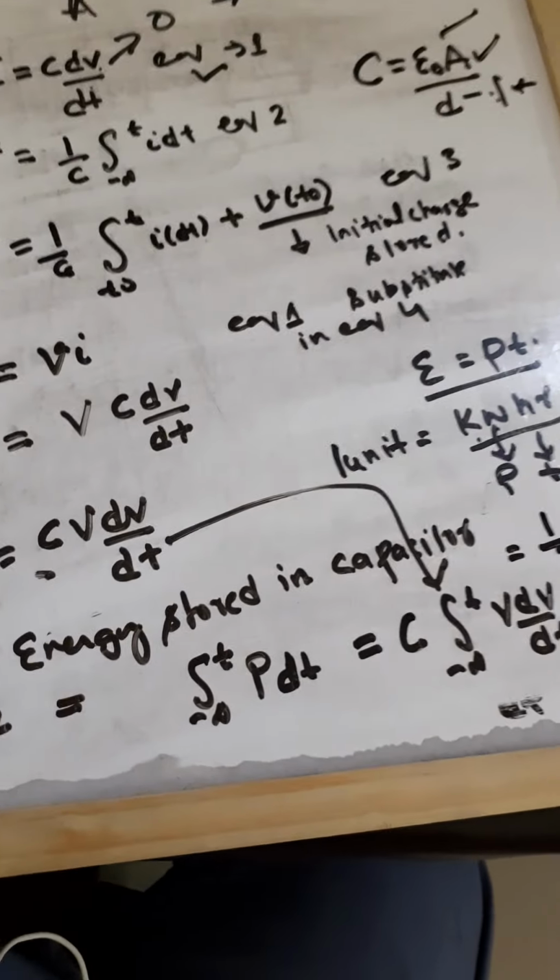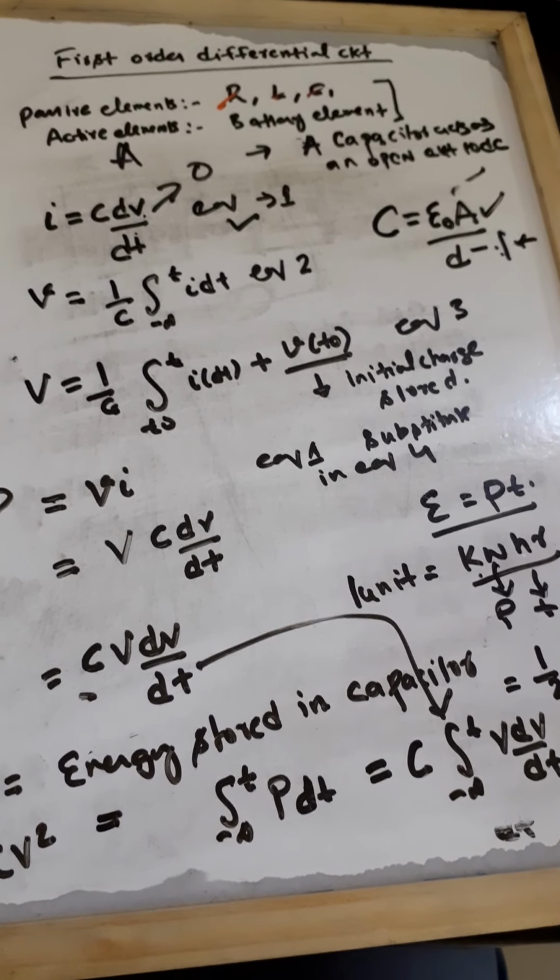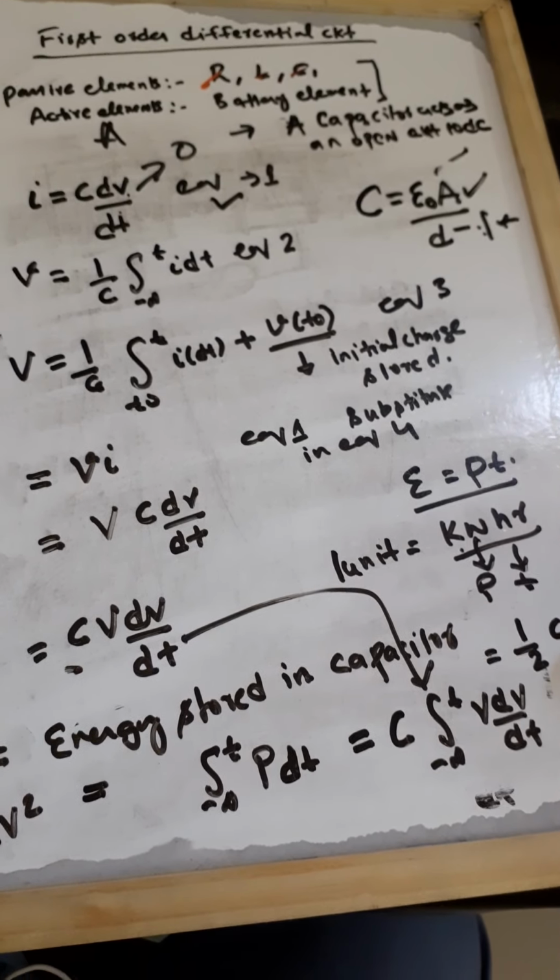So if current becomes 0, we can say from this equation 1 that a capacitor acts as an open circuit to DC. If we have to bypass a DC source or a DC current, we can use a capacitor.